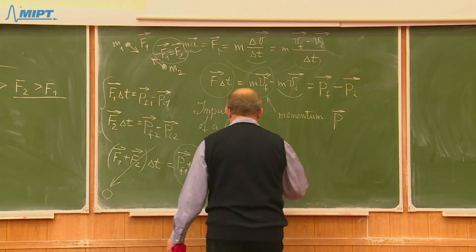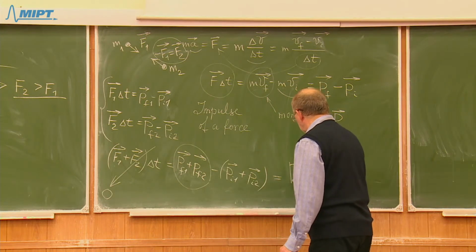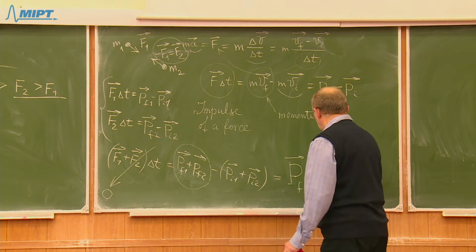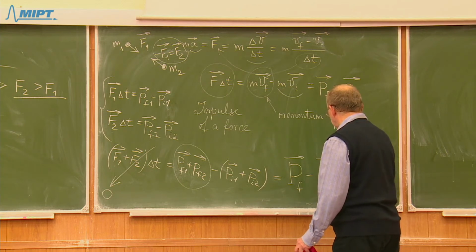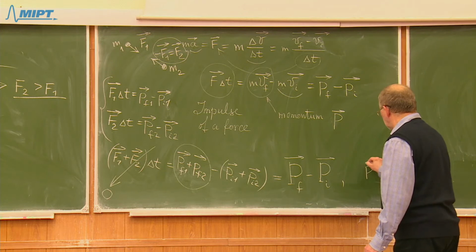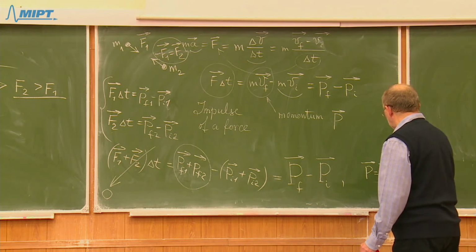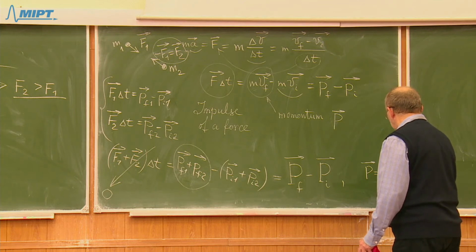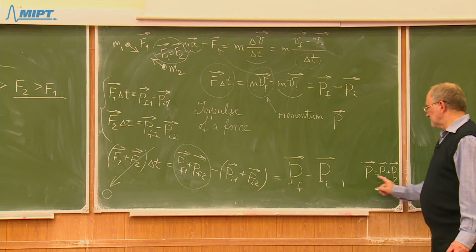So we may put it like this: a total momentum, final momentum of the system of two particles minus initial momentum of the system of two particles, where large P is just momentum of the first particle plus momentum of the second particle. It's the vector sum of two momenta of two particles.